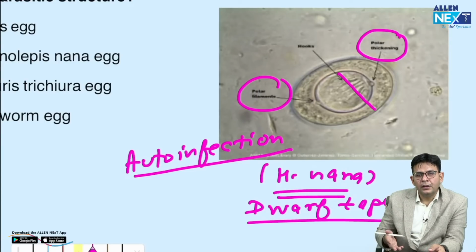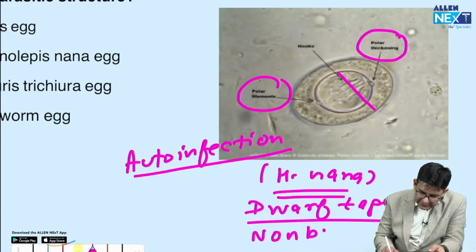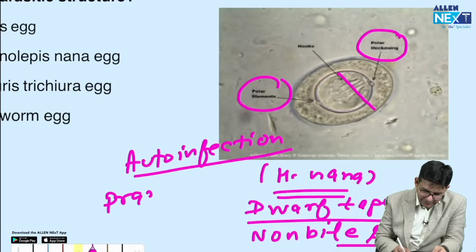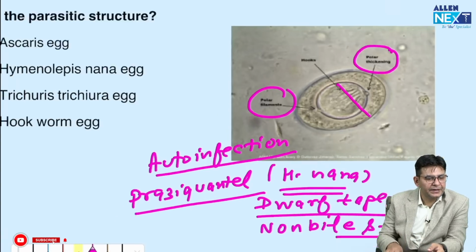Bile stain or non-bile stain egg? It is a non-bile stained egg. What is the drug of choice for H. nana? Answer is praziquantel. The drug of choice is praziquantel, guys.